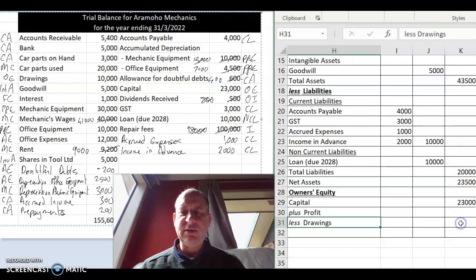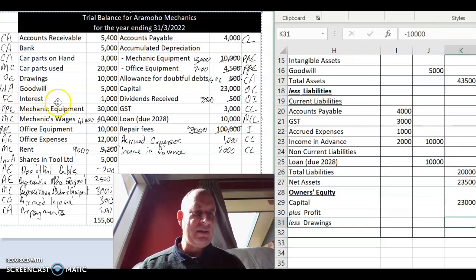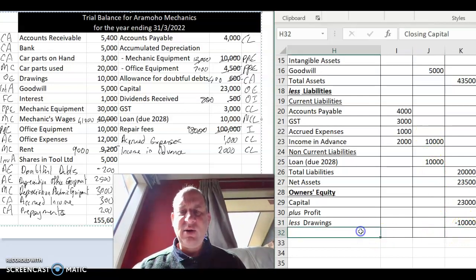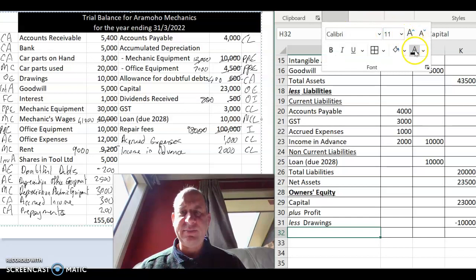Good. Our drawings. So our drawings figure is, you'll see it over here, OE, $10,000. Notice that we put that as a negative figure because we're taking it away. And that'll leave us with our closing capital figure.